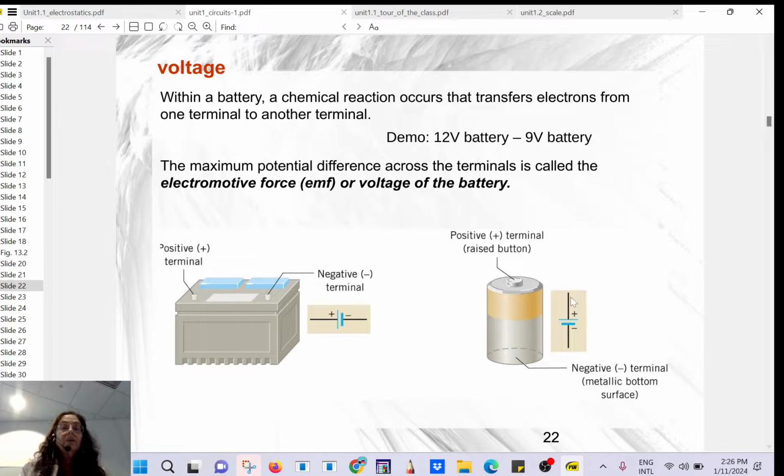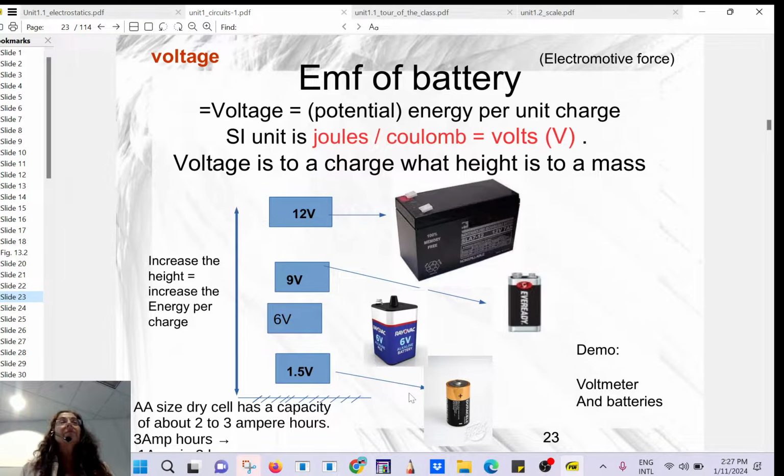So let's talk about voltage. We talk about voltage drop. So it's the amount of energy per coulomb. I will show you right now, but for example, you have the car battery that will be 12 volt.